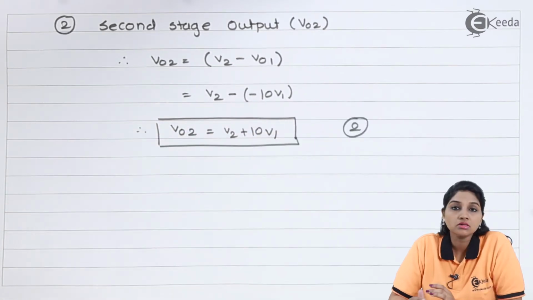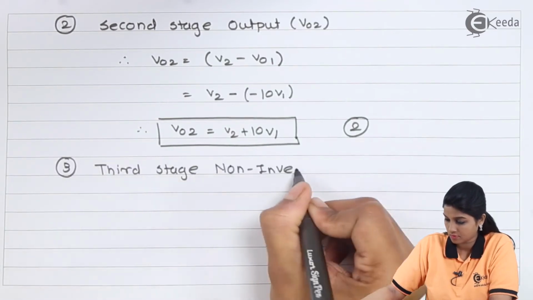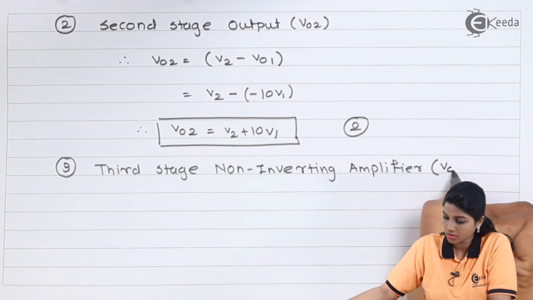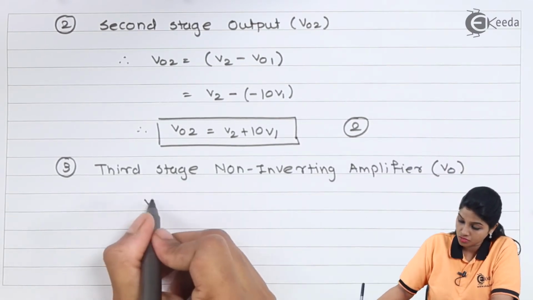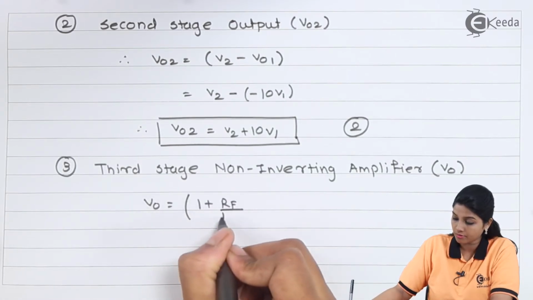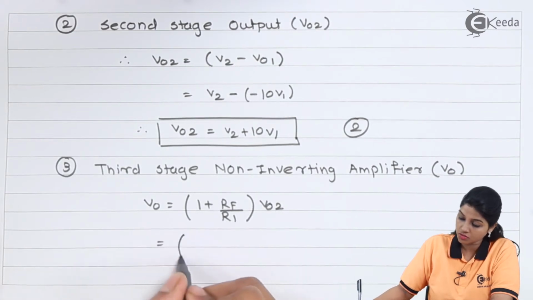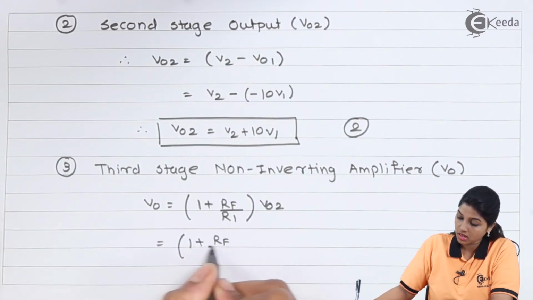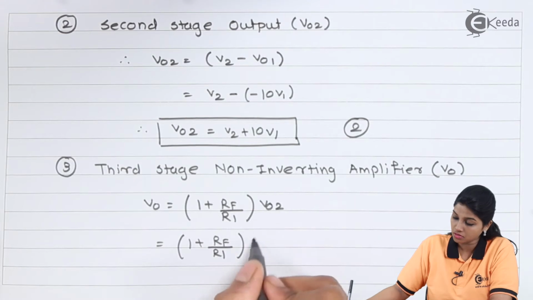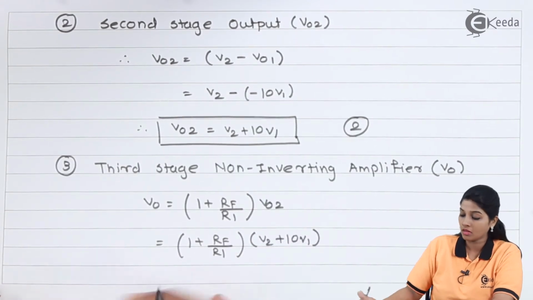Now let's consider the third stage, that is nothing but non-inverting amplifier. That is your final output VO. So VO is equals to 1 plus RF by R1 into VO2, which is equals to 1 plus RF by R1 into V2 plus 10 V1.